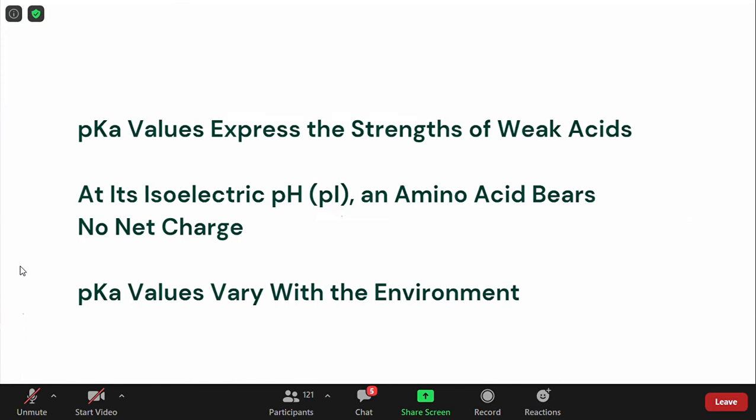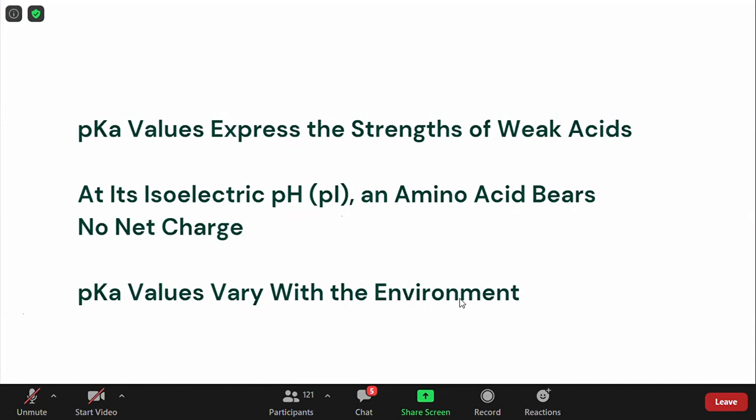Okay, pK values vary with the environment. And what is the environment here? Whether the environment is acidic or basic. So it varies, as you have seen in the protonic equilibria of aspartic acid.